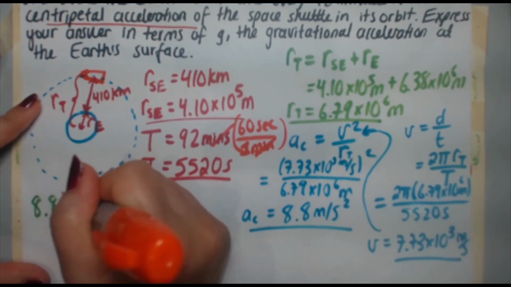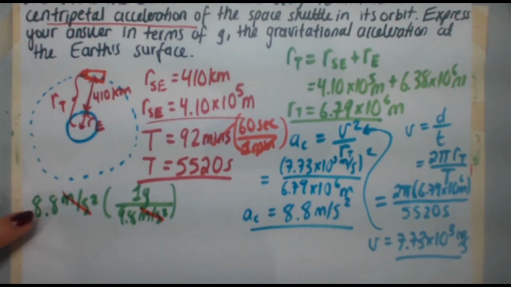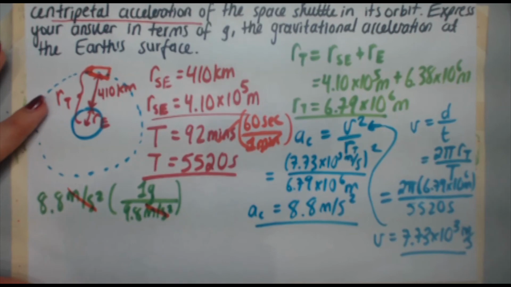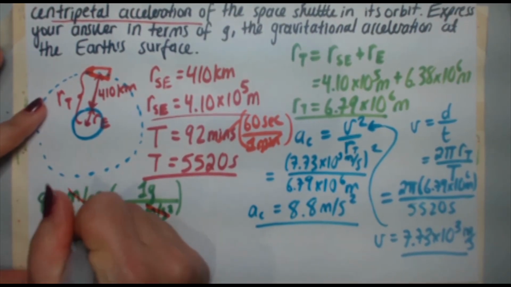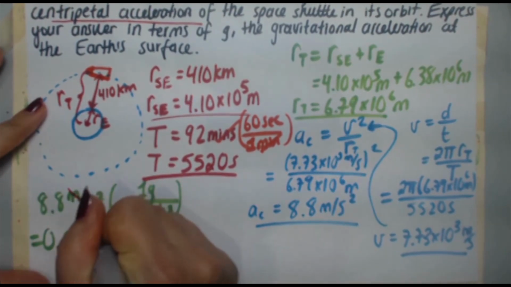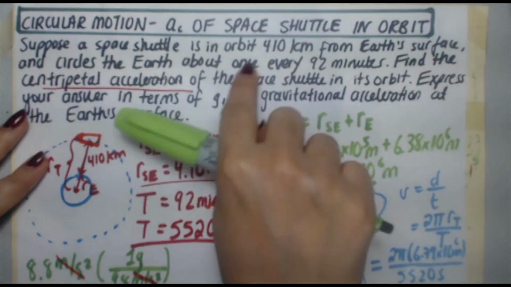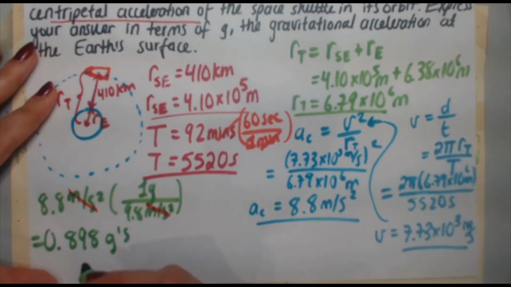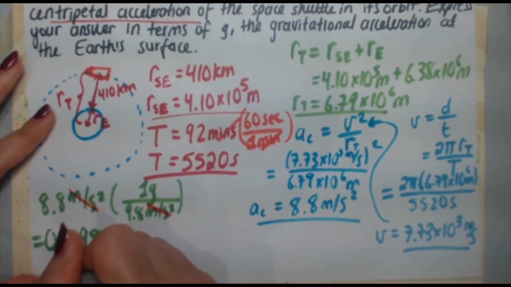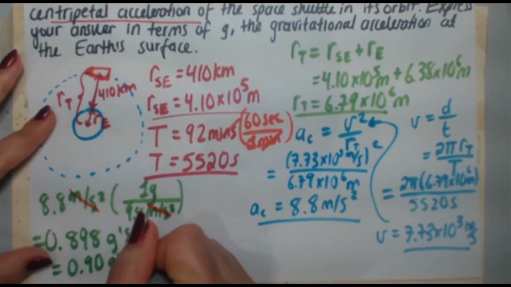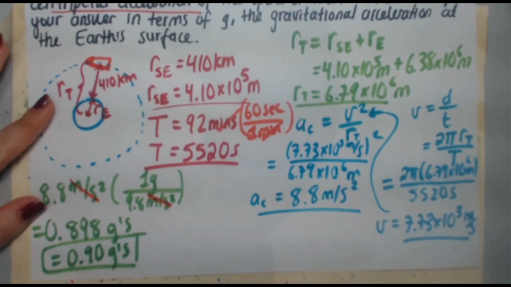The meters per second squared cancel, divide those two numbers, and you get 0.898 g's. Now we need to round this to 2 sig figs, because 8.8 has 2 sig figs. So we round that to 0.90 g's.